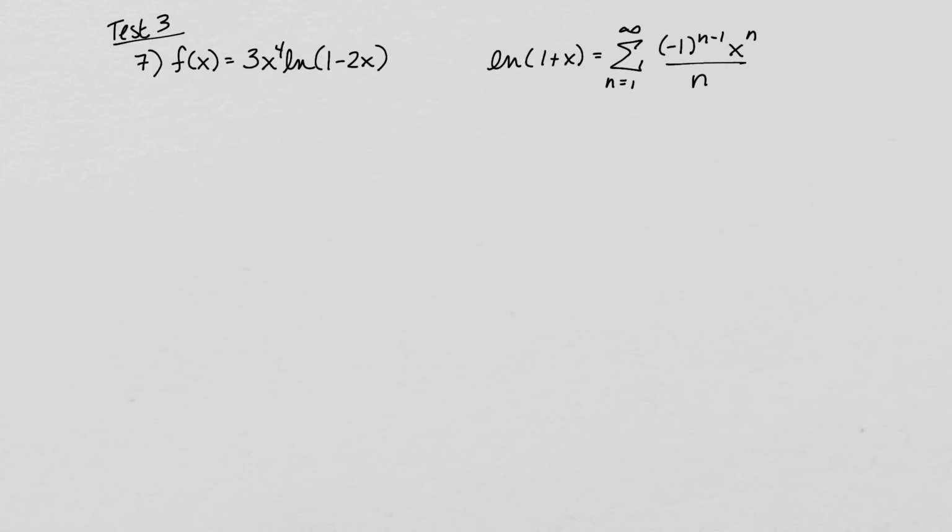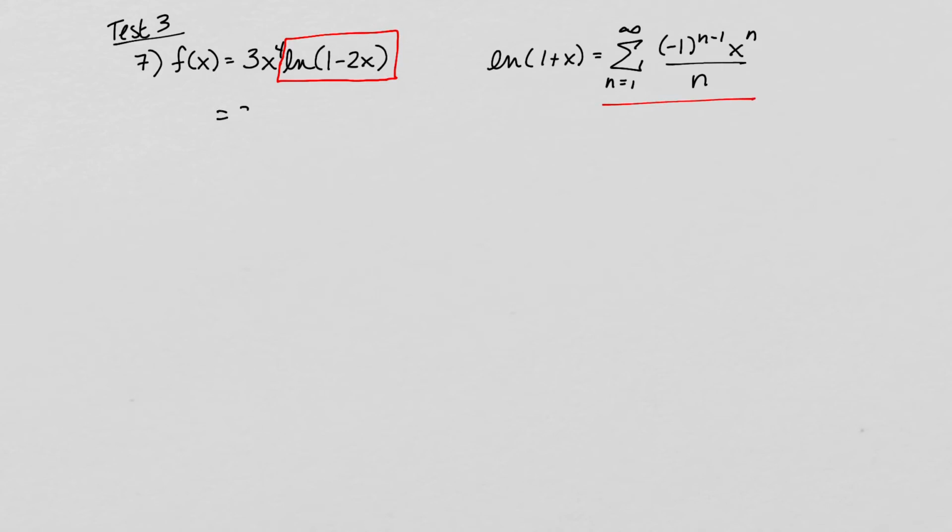Okay, so this was not meant to be a tricky problem on the test. This was meant to be a really easy problem for people. I'm practically giving you the answer. Look, here's the natural log part, right? So I'm going to use this series to rewrite the natural log part.